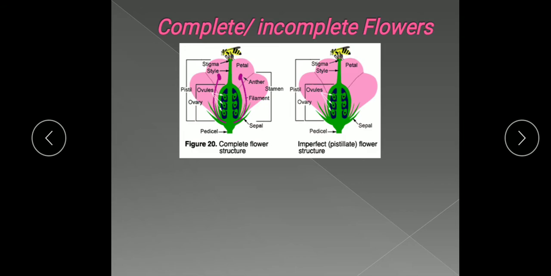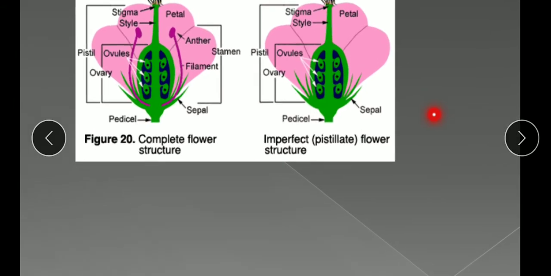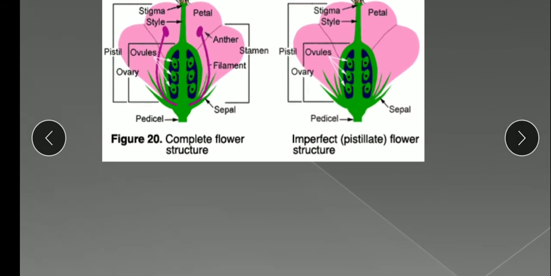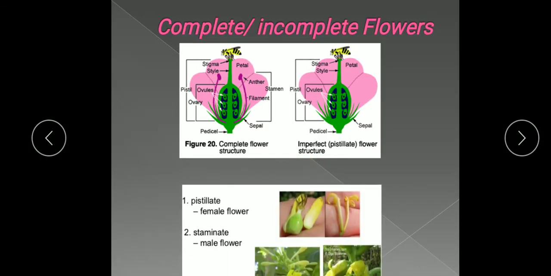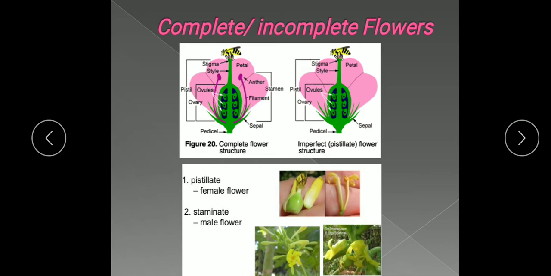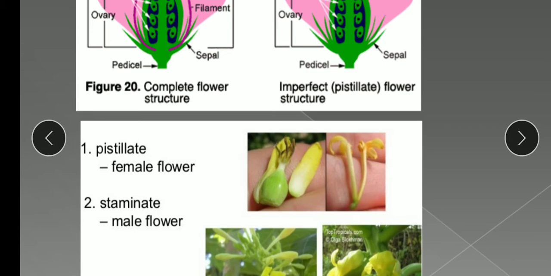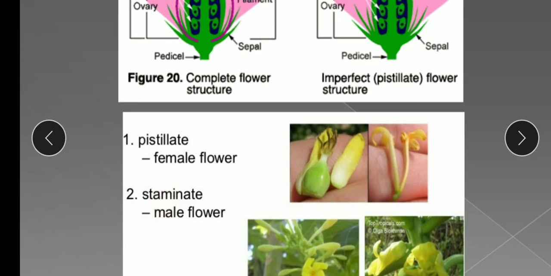While in another condition, some flowers do not have both the whorls; they have either androecium or gynoecium. In this condition they are known as imperfect flowers. Imperfect flowers are further of two types. They are known as unisexual flowers also, and incomplete flowers also. So incomplete flower, imperfect flower, or unisexual flower, they are the same. These are of two types, pistillate and staminate.